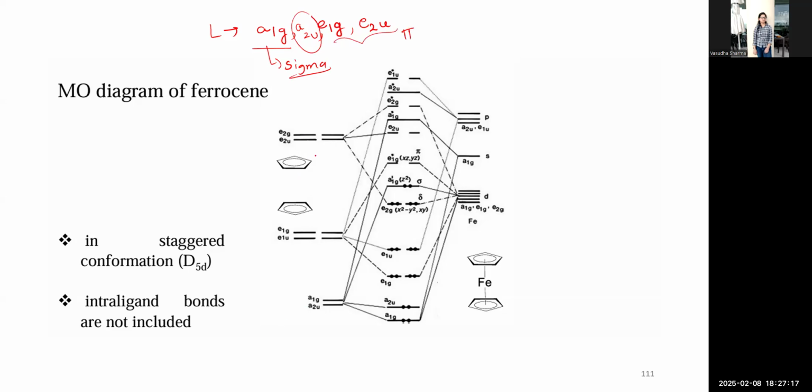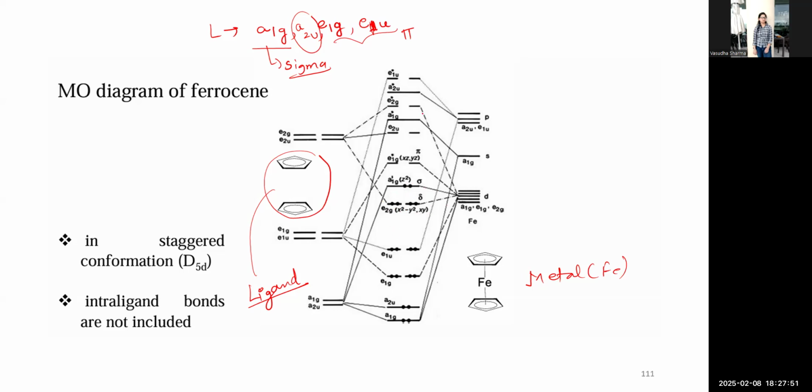So on this side you can see we have a Cp group. These are the ligand orbitals. Since we have two Cps, we are taking two in the picture. Here it is metal, iron, and this is where the lowest bonding orbital, which is sigma, A1G, then A2U, then E1G, E1U, and then we have E2G also, which is a dative bond.